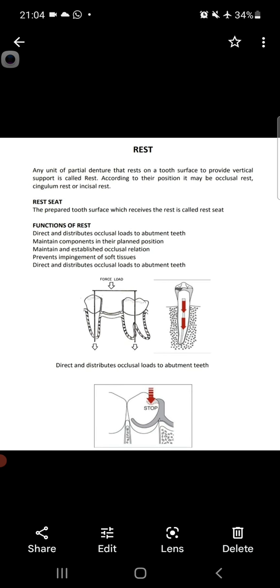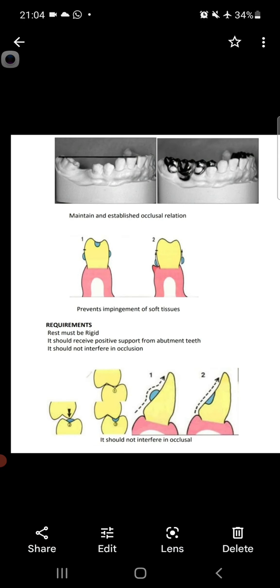The fourth function is to prevent impingement of soft tissue, meaning pressing of soft tissue by the removable partial denture during function, because it provides vertical support. It prevents the vertical movement toward tissue, meaning it prevents the sinking of the removable partial denture into the tissue.